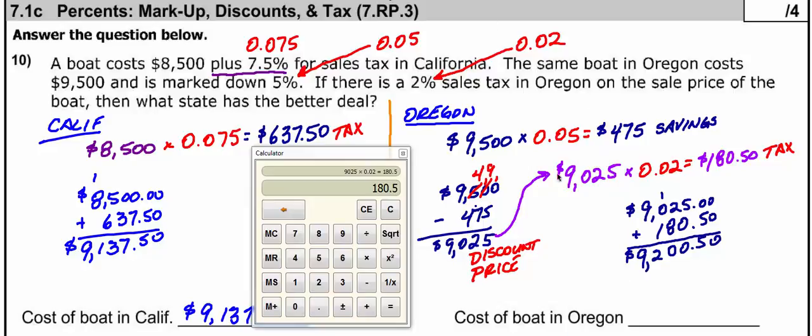I said 5 comes down, and then I wrote a 0 there. Hopefully you caught that. Didn't look quite right. There we go. 5 and 0 makes 5, not 0. We've got $9,205.50.